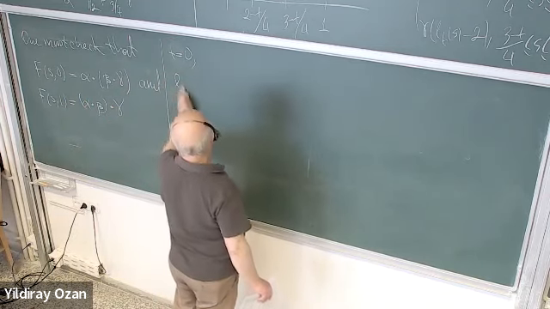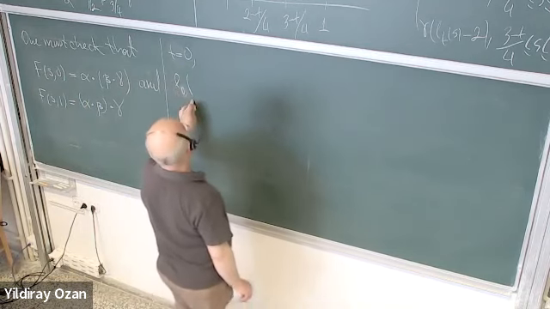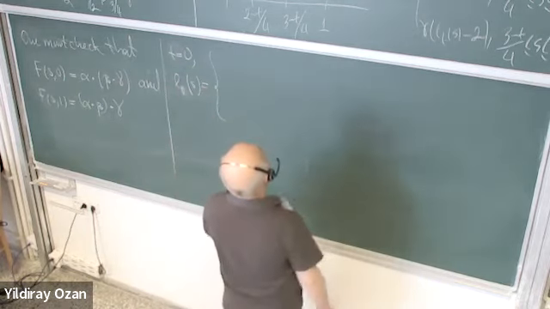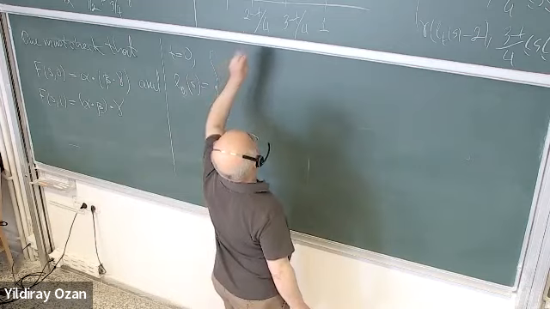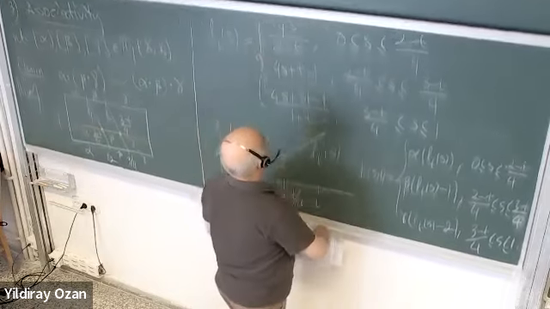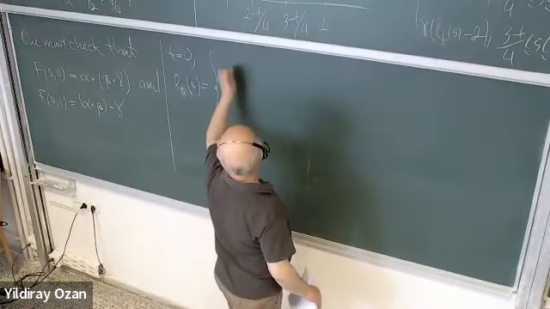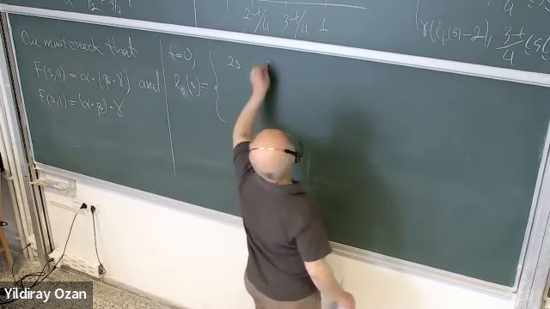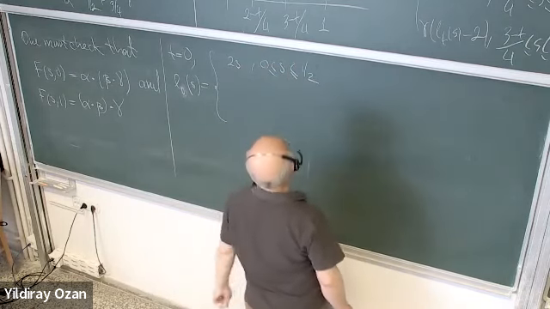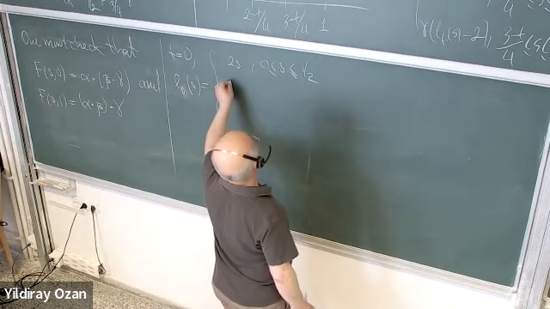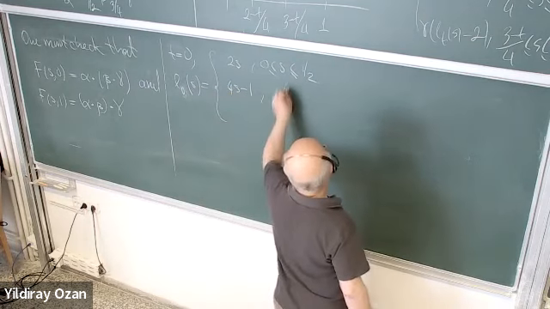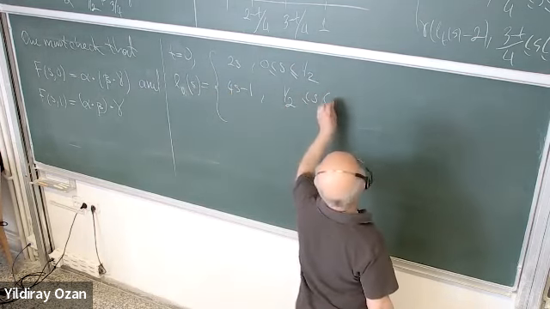So L 0 t 0 s is what? I put 0 in place of t. When t is 0, this is just 4. So when t is 0, this is 4s divided by 2. So it is just 2s, and s is between 0 and 1 over 2. And then when t is 0, this is just 4s minus 1, so this is 1 over 2 and 3 over 4.